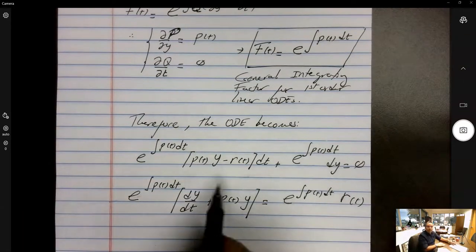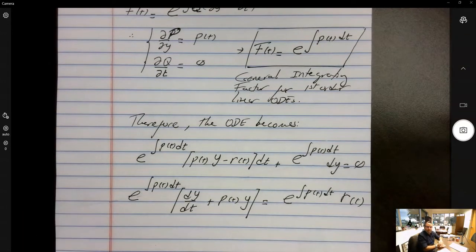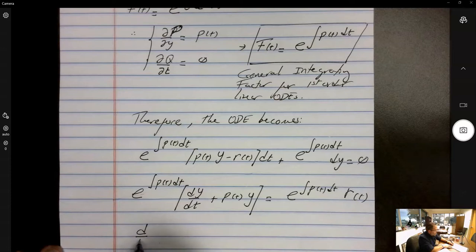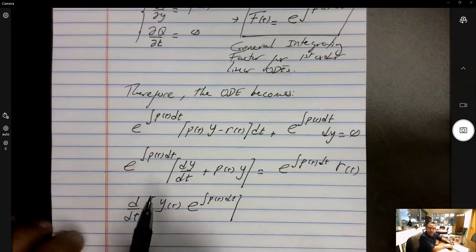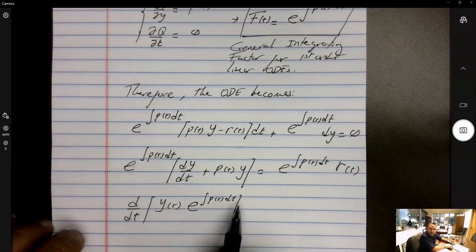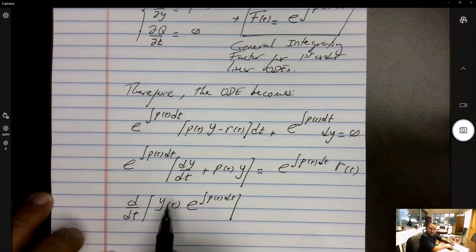Okay, so I'll just rearrange that equation to make it look like the original one, simply multiplying by the integrating factor. So I can apply a trick here, and this is equivalent to taking the derivative d/dt of y of t times e to the integral of p of t dt. Do the math in the algebra and you'll see that this is equivalent. You can use the chain rule: the derivative with respect to t is this times the derivative of these, plus this times the derivative of these, and that's exactly this.